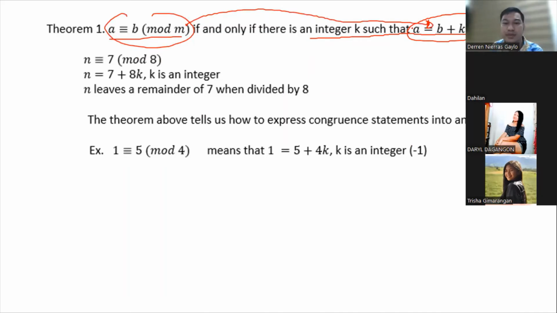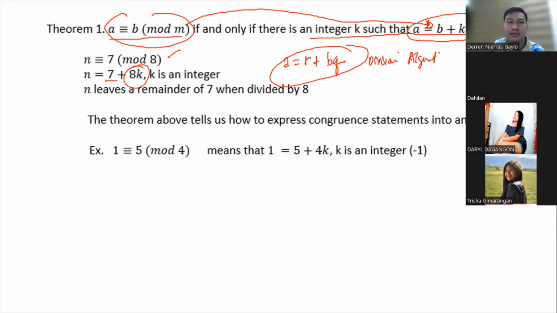Ang imong congruent, mahimong equation. Kani siya nga theorem magigamit. So example, if you say n is congruent to 7 modulo 8, it's just the same with n is equal to 7 plus 8k. So, mura siya parehas with atong division algorithm. Remember mo atong division algorithm? Nato nga, a is equal to r plus bq, something like this. Di ba? Ito atong division algorithm. Okay, same siya.